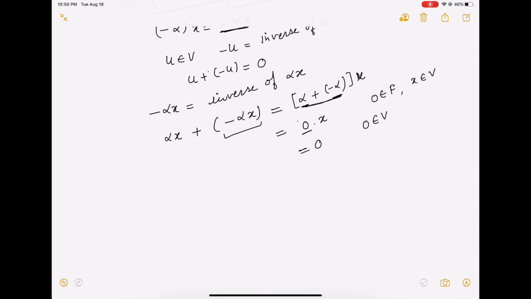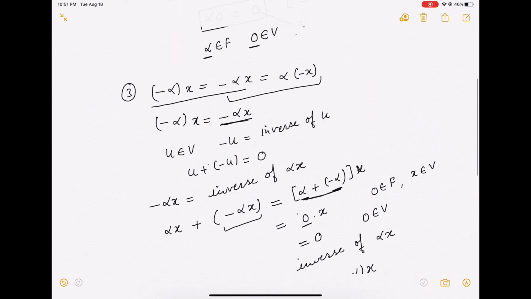It means minus alpha x is an inverse of alpha x. That means minus of alpha x is equal to minus alpha x.